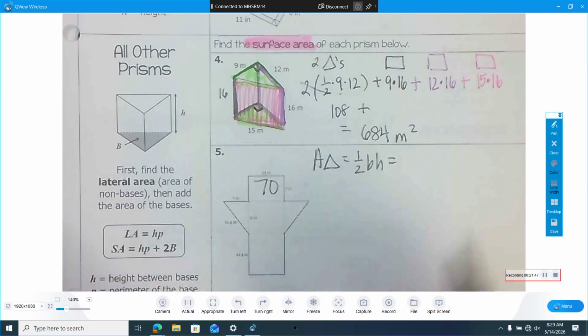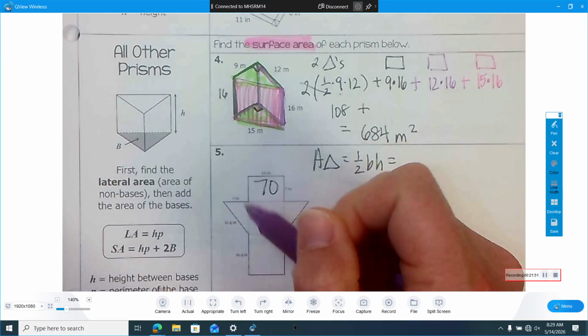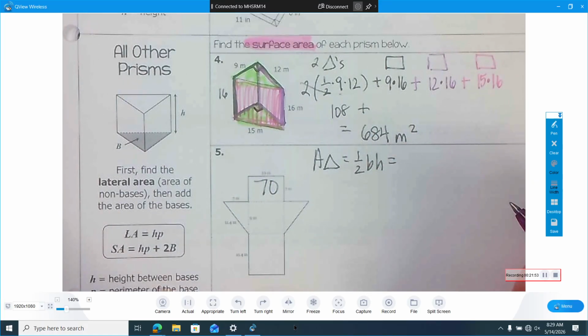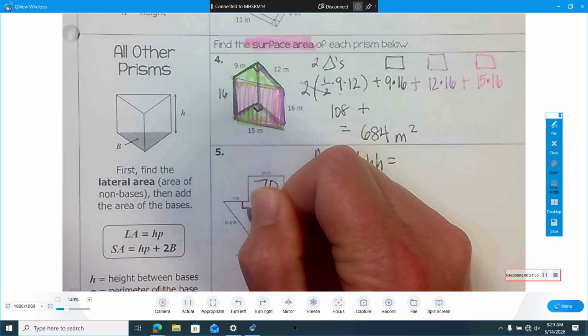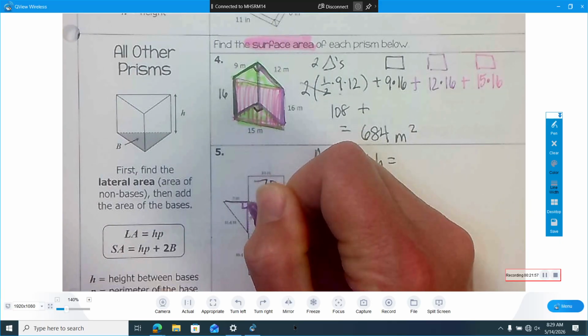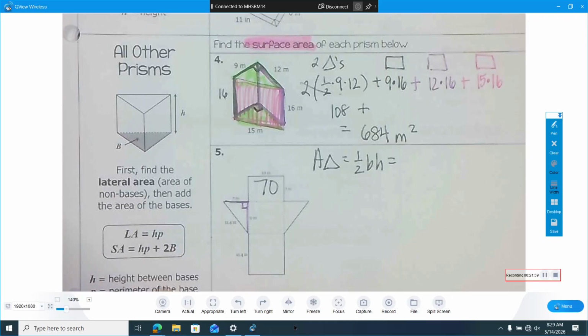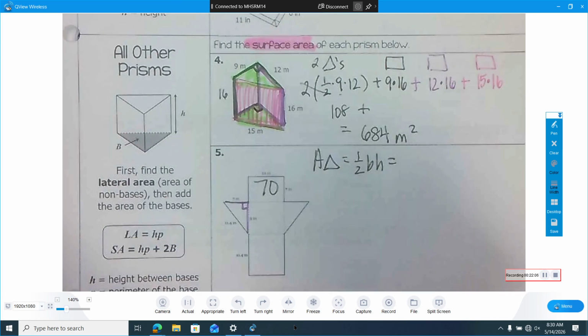Be careful when we're looking at these triangles. What are the base and the height? There's the right angle, so 7 by 9. Those would be the base and the height. 11.4 is a slanty height. It's not perpendicular. Don't use that.